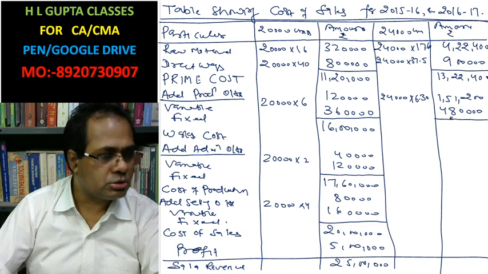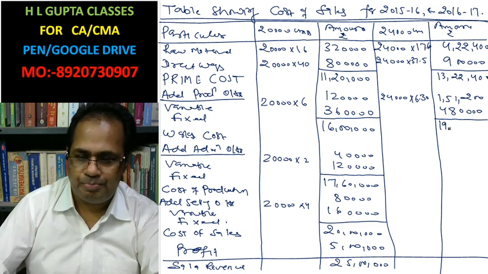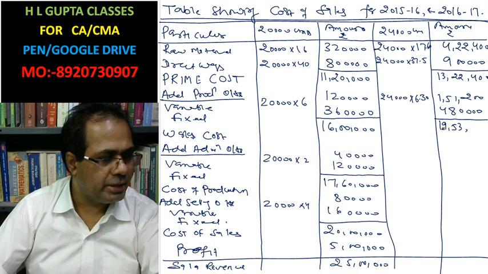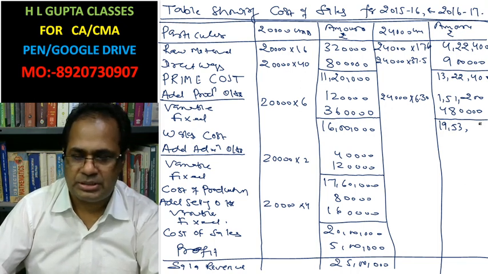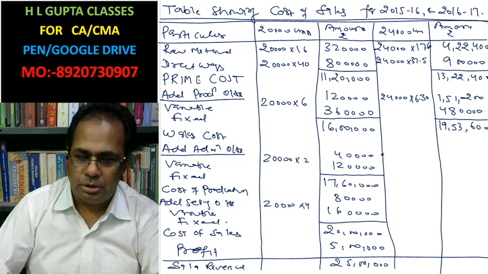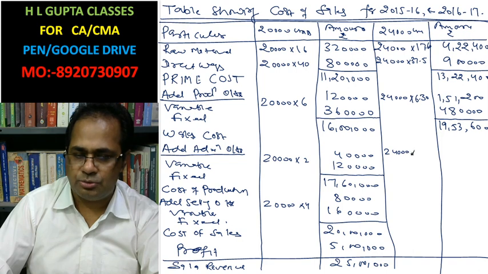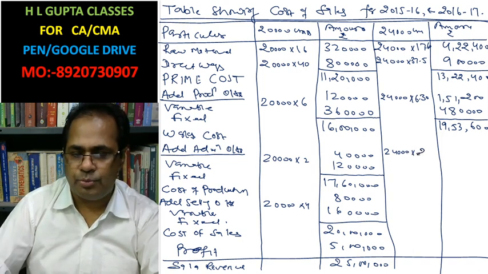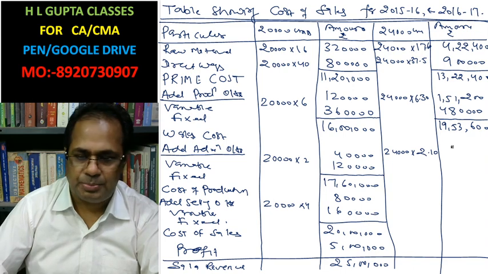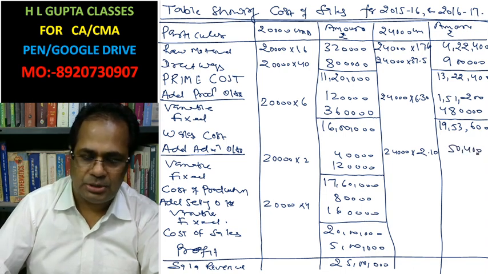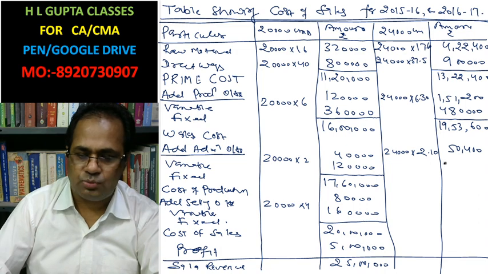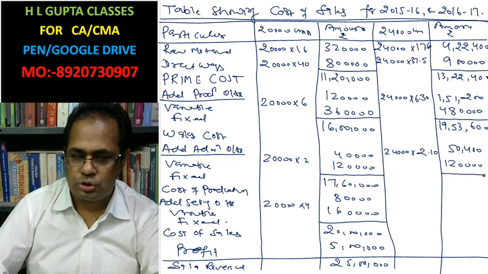Now total cost of production is 19 lakh 53,600. Now this is administrative overhead: 24,000 into 2.10. This is 50,400. Now fixed is 1,20,000. There is no change in fixed cost here. Now cost of production you have 21 lakh 24,000.